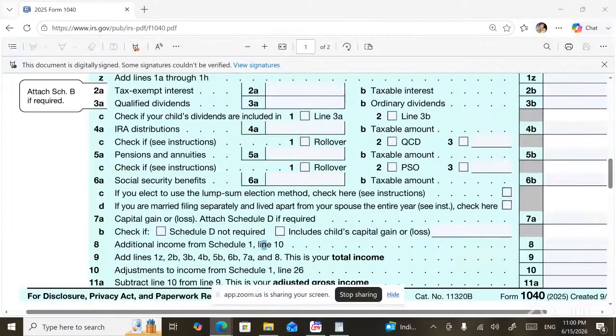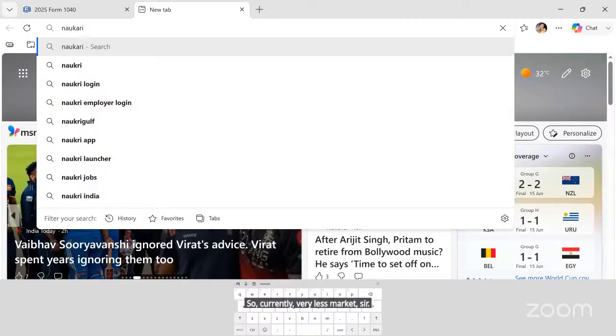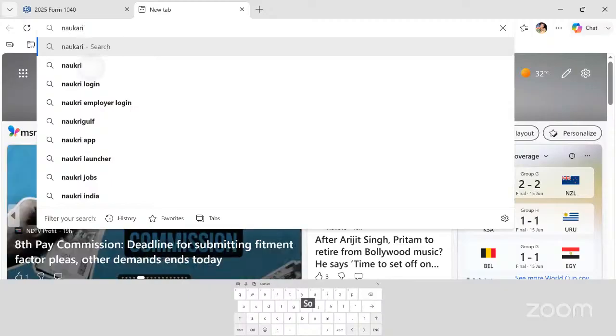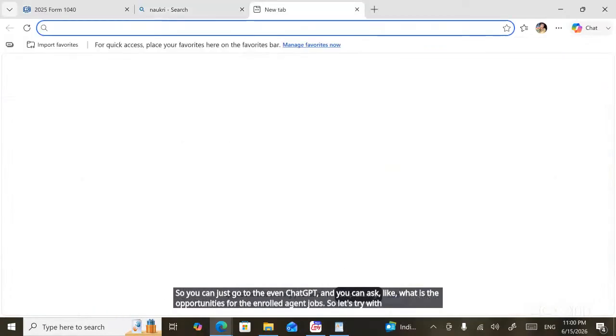So let's open Naukri. So usually all the jobs are from Naukri only, right, sir? Currently it is a very less market, sir. Who knows that one? So you can just go to even ChatGPT and ask what are the opportunities for enrolled agent jobs. So let's try with ChatGPT also.